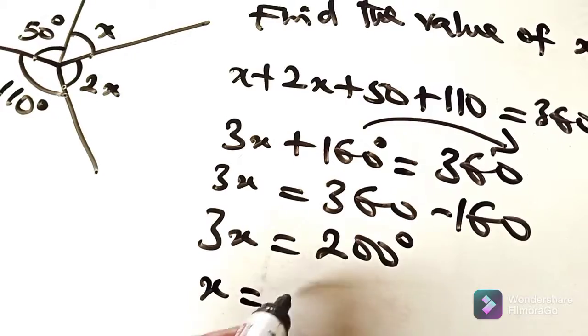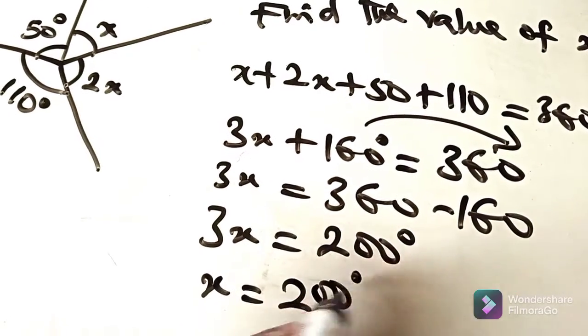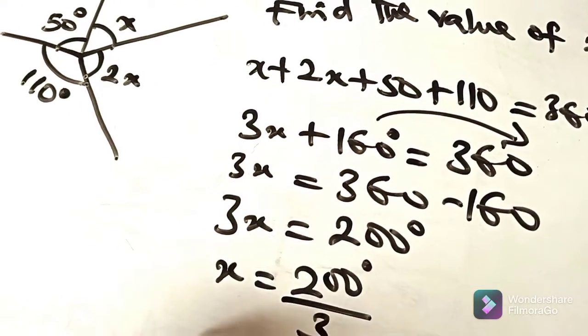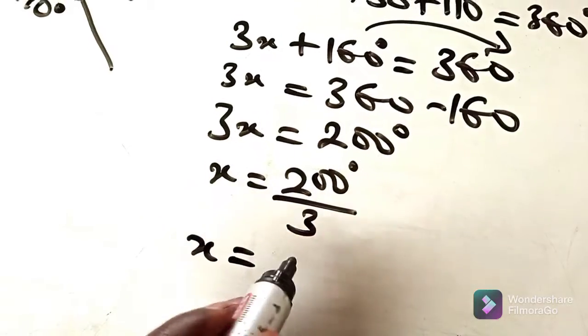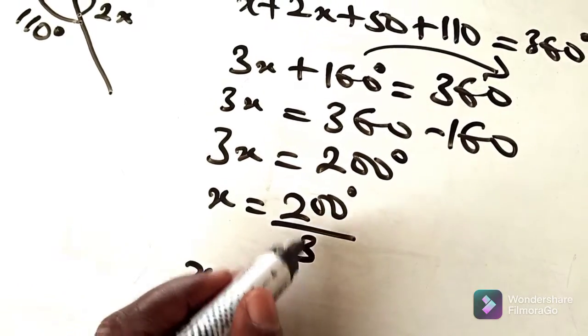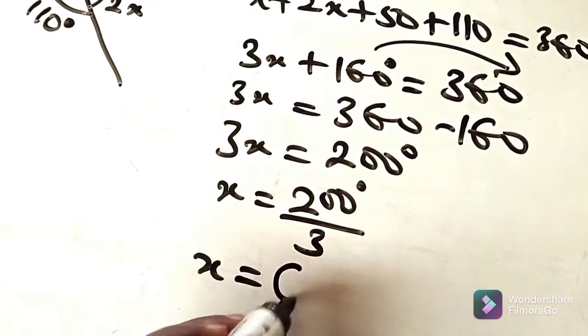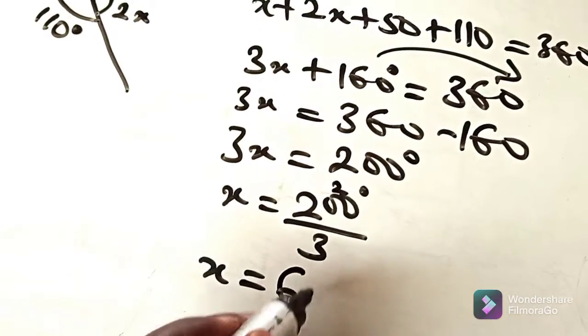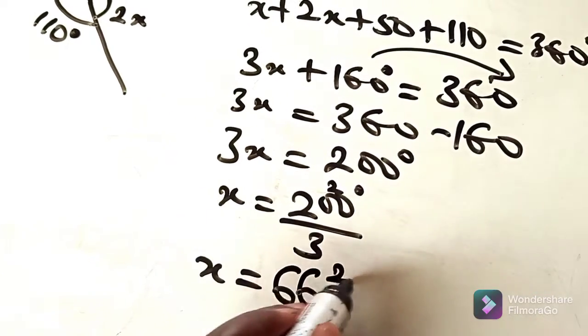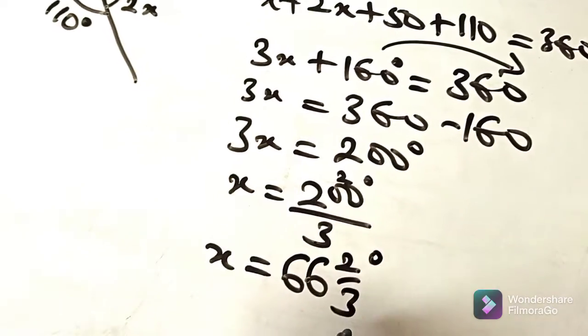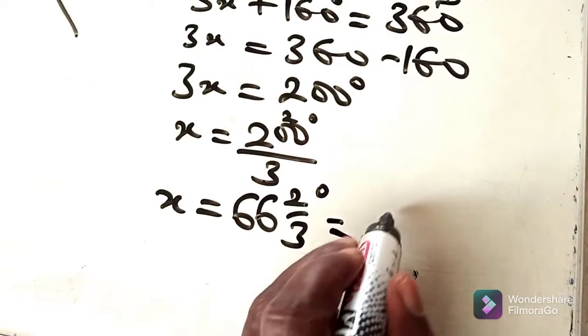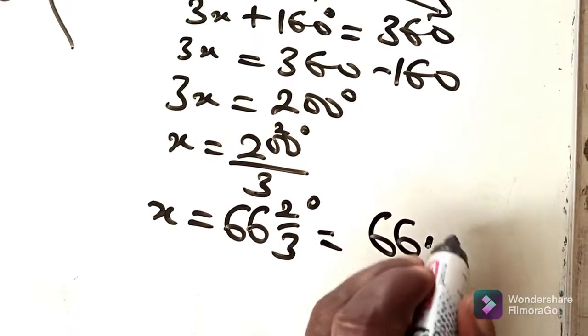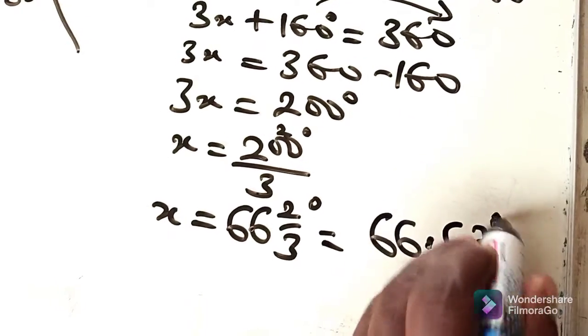Then x will now be equal to 200 degrees divided by 3. And the value of x will now be 3 in 20, that's 6, remaining 2. In 20 again will give us 6, remaining 2 over 3 degrees, which can also be written as 66.67 degrees.